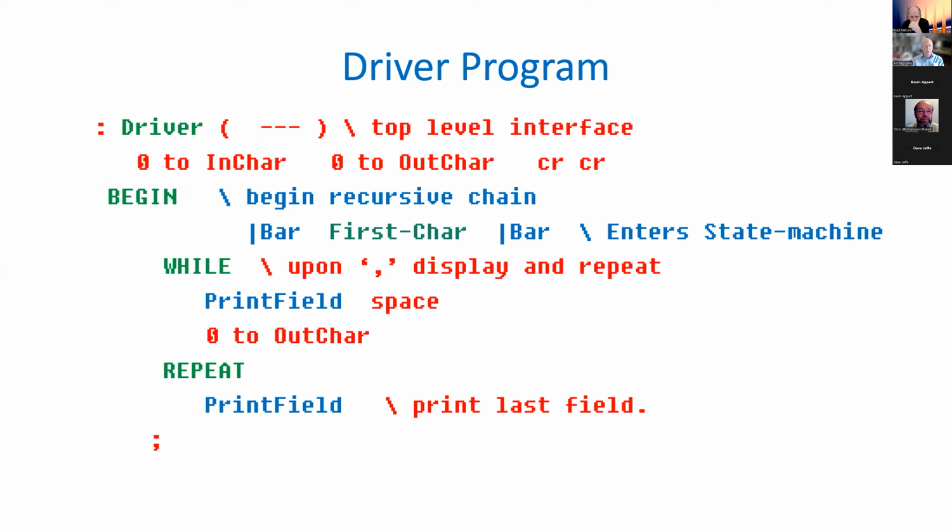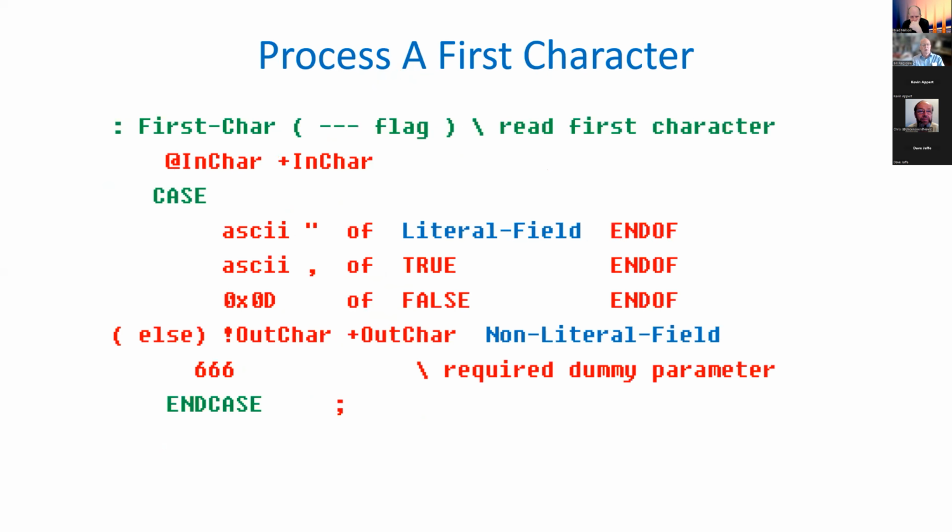So this is our control program. The first character, now we're getting a very comfortable Forth. We're seeing this is again the state machine node for first character. The fetch in character plus in character reads the character and increments the pointer for the next fetch.